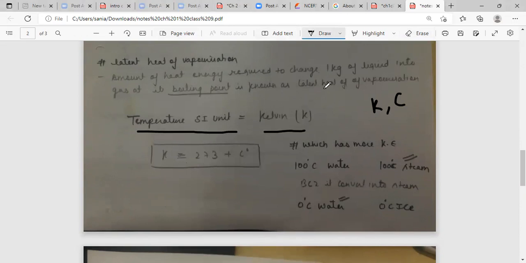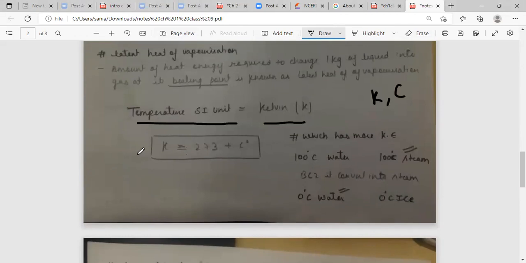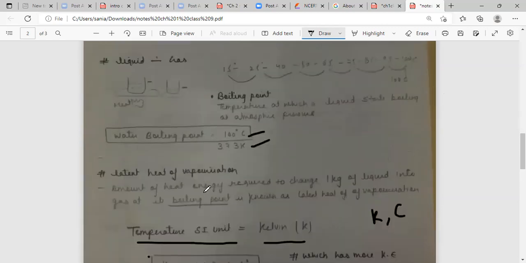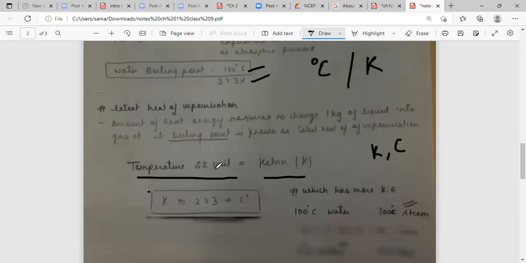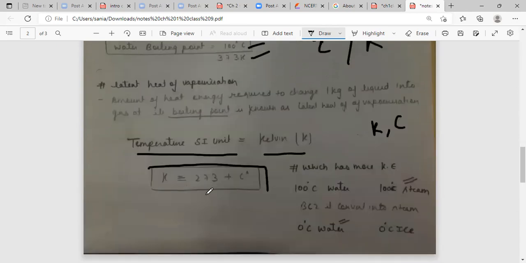Yes, ma'am. So we were about to start the numerical portion today. As I told you, when we were doing the melting point and the boiling point, temperature can be measured in degree Celsius or Kelvin, K, right? So what is the relationship between Kelvin and Celsius? This is the relationship.